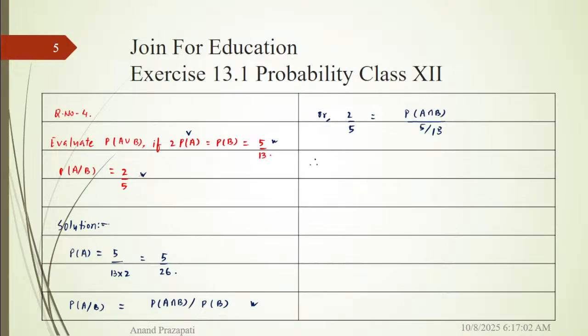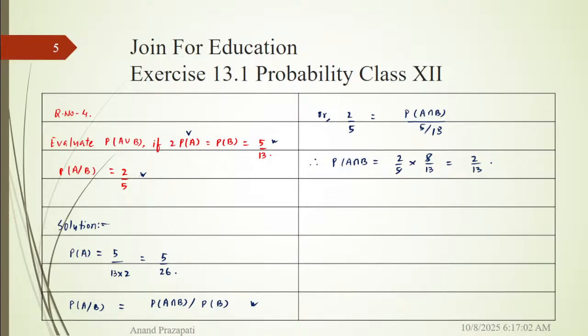Therefore, probability of A intersection B equals 2 by 5 into 5 by 13. We cancel out 5, then we get 2 by 13.